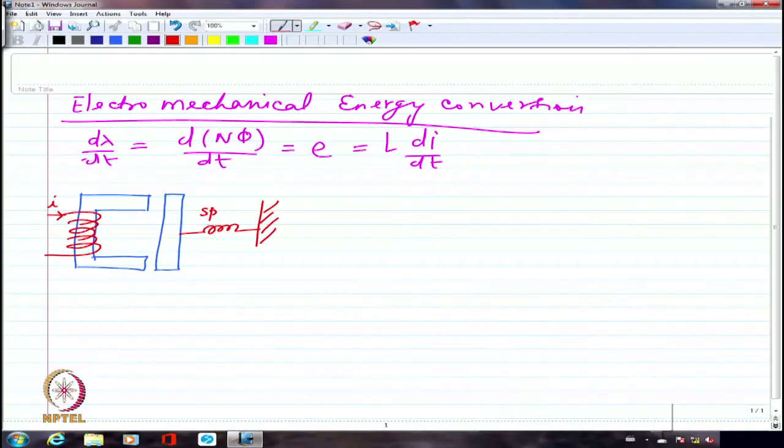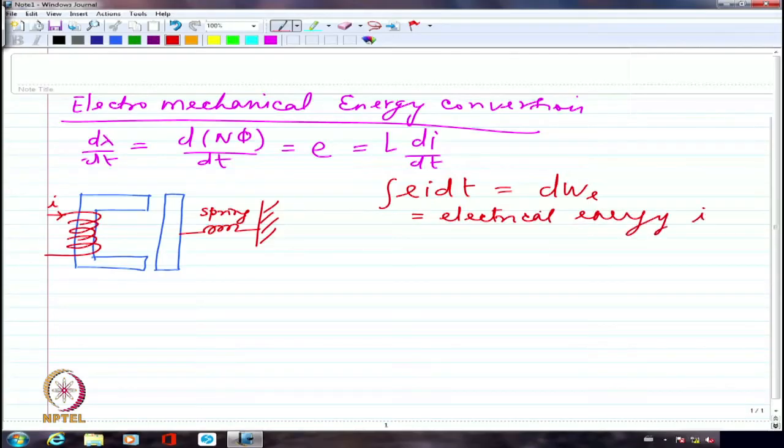So, this is the spring. We said that when there is no movement, the entire electrical energy that I am feeding in, which I may call the integral of EI dt, where EI is the power, integrated over dt or whatever time interval I have, is the electrical energy input.